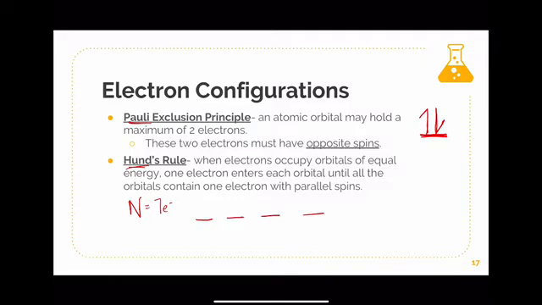So when I'm going to fill up these orbitals with electrons, I put 1 in each spot. And then I go back and put in the other spot. Okay? You don't fill them like this.